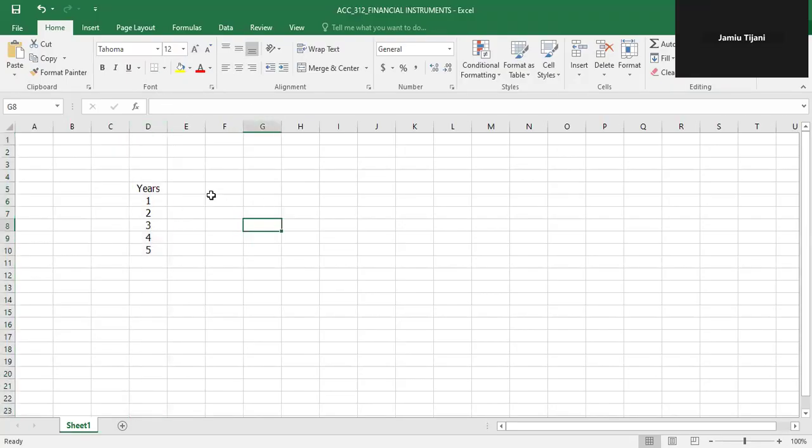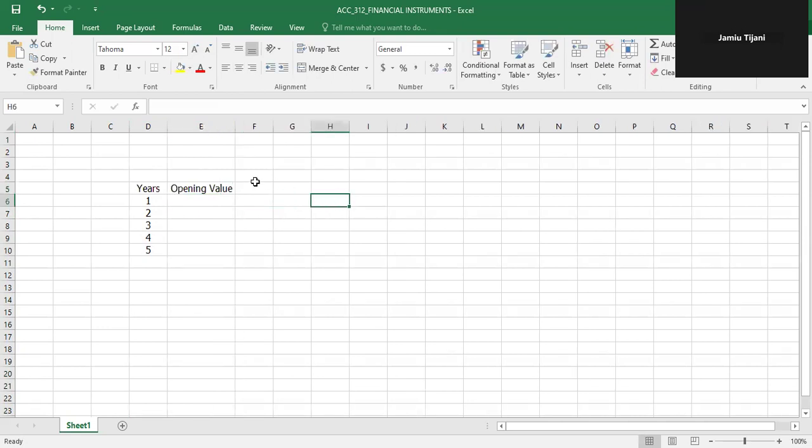To simulate, we have it this way. Preparing it, we are talking of the opening value of the bond. Of course, in year 1, that represents the purchase price. Then the effective interest rate, and of course the coupon paid or coupon received, the interest rate itself.